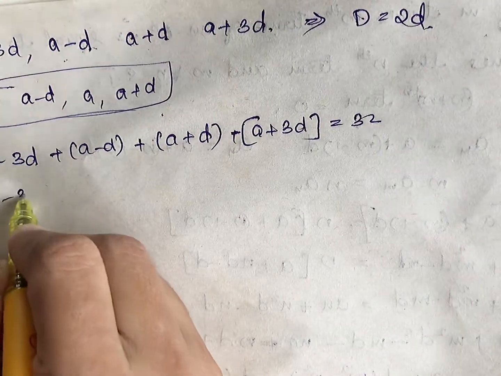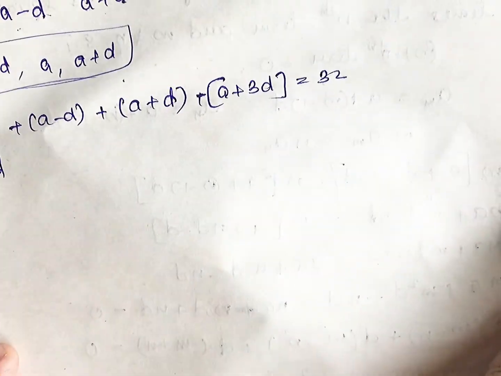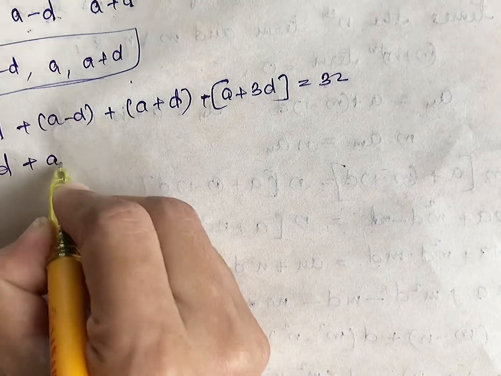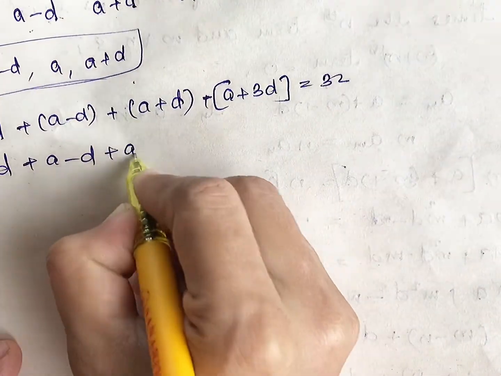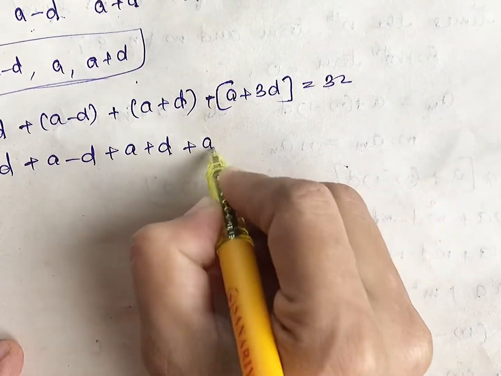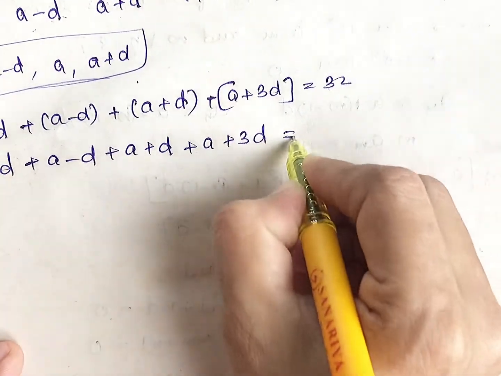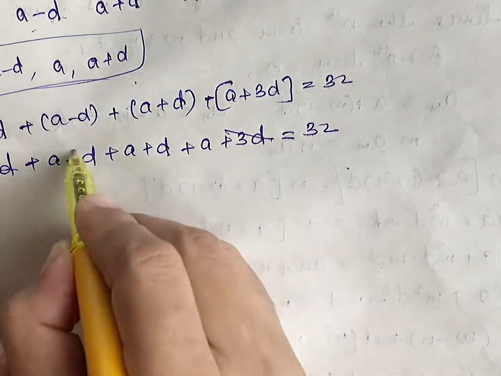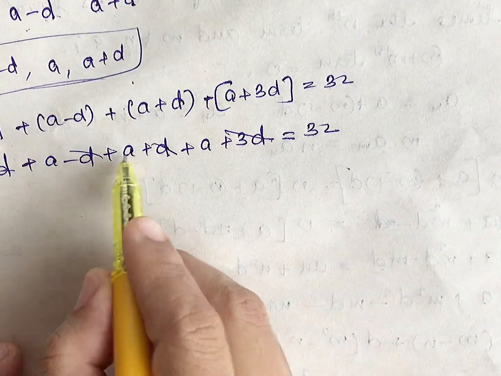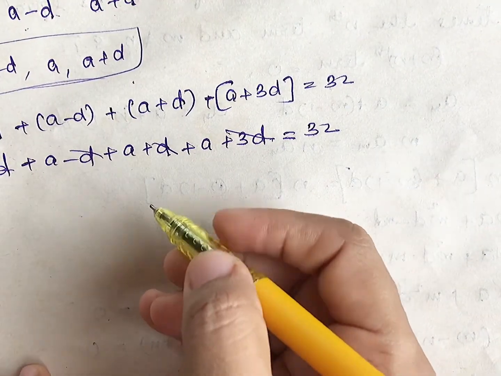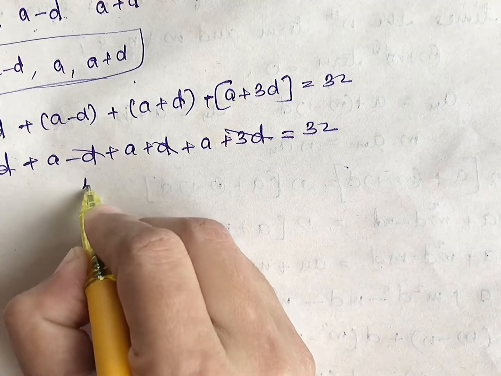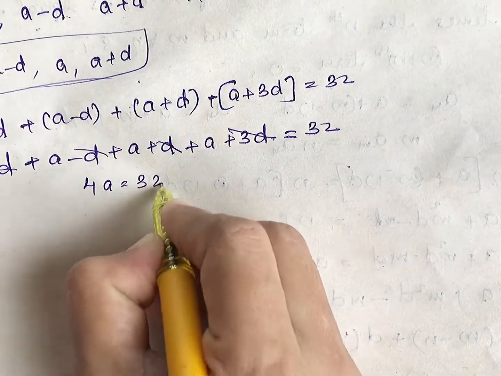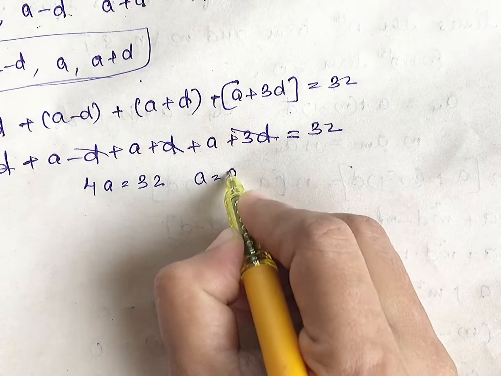A minus 3d plus a minus g plus a plus g plus a plus 3d would become 32. Minus 3d and plus 3d get cancelled, minus g plus g. Therefore 4a is equal to 32, or a equal to 8, right?